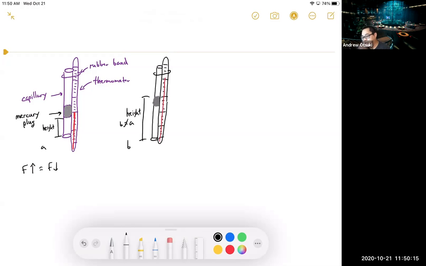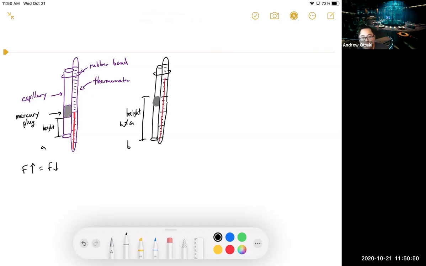Because say we heat the capillary tube from the bottom, right? It's going to heat the gas particles at the bottom of the tube, and that will cause the gas particles' pressure to increase, and that will move this here to balance out the total pressure acting on the mercury plug.